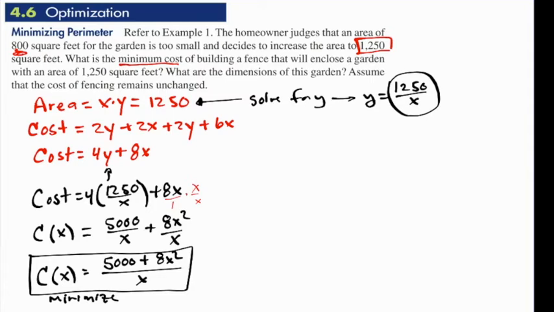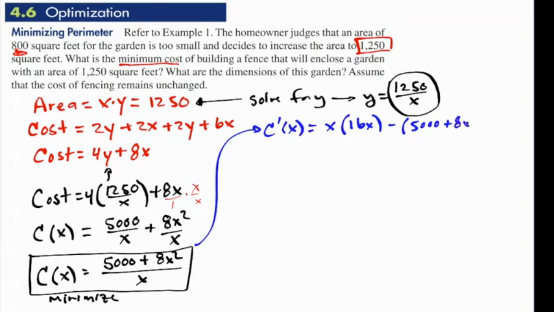So to do this, we will find the first derivative, c prime of x, and I'm going to use the quotient rule here. Quotient rule says take the bottom function, multiply it by the derivative of the top function, and then subtract the top function and multiply that by the derivative of the bottom function.